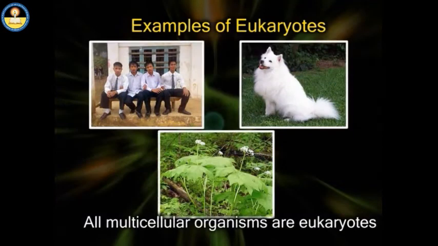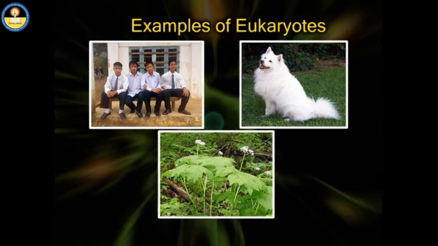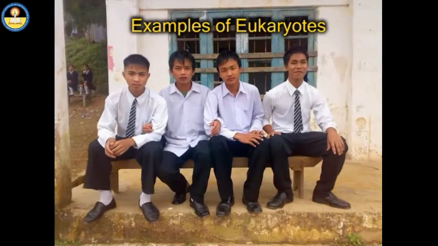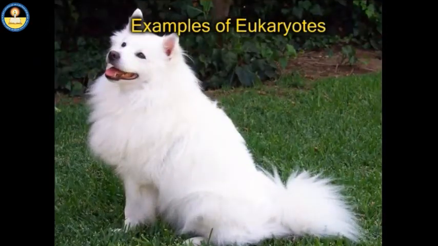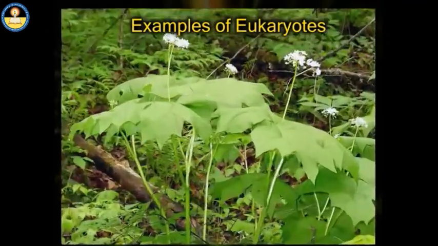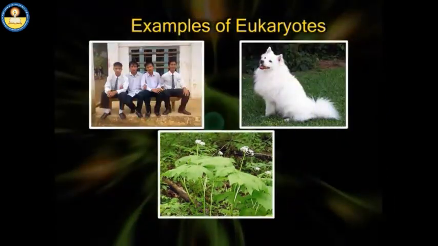All multicellular organisms are eukaryotes with very well-developed cells. Like humans, dogs, trees, all these have different types of cells forming highly developed systems.